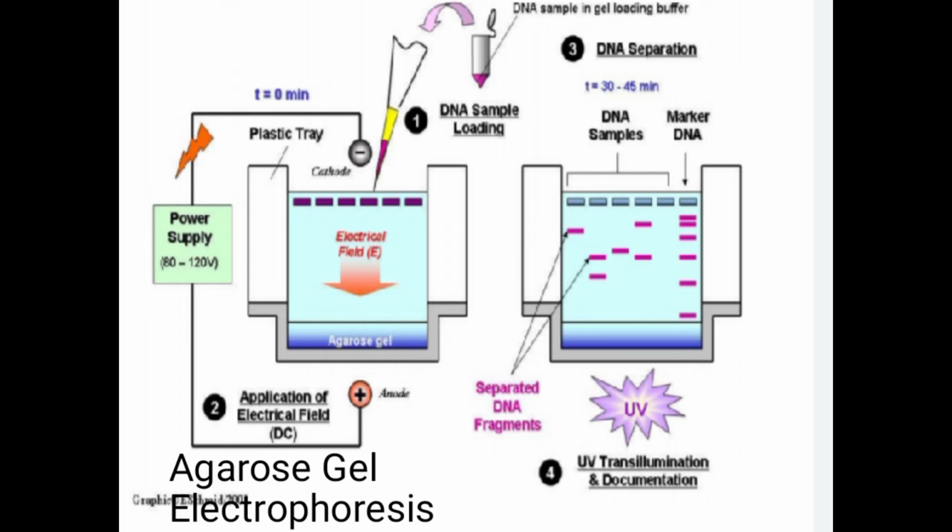The DNA sample is loaded in wells, and the DNA moves when we apply the electric current. So the larger DNA moves slowly, and the macromolecules with low weight move faster.